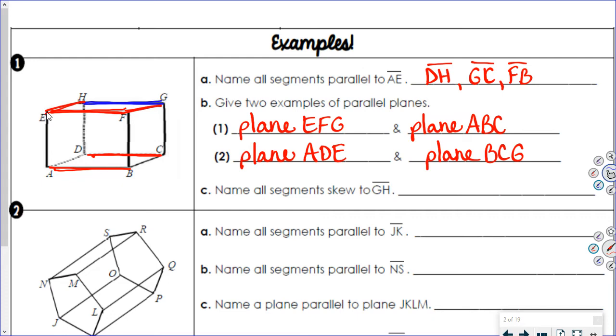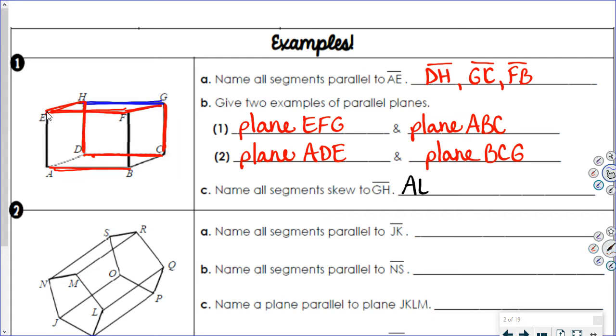It's also going to be part of the back rectangle. So you have GC and HD are also part of the back rectangle, as well as that DC. Now what I've done by highlighting those is I've eliminated all of the segments that are not skewed. So everything that you still see in black, those are skewed segments.